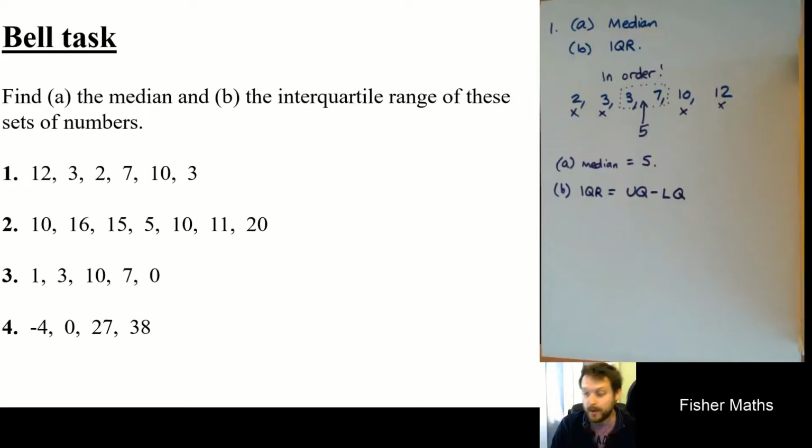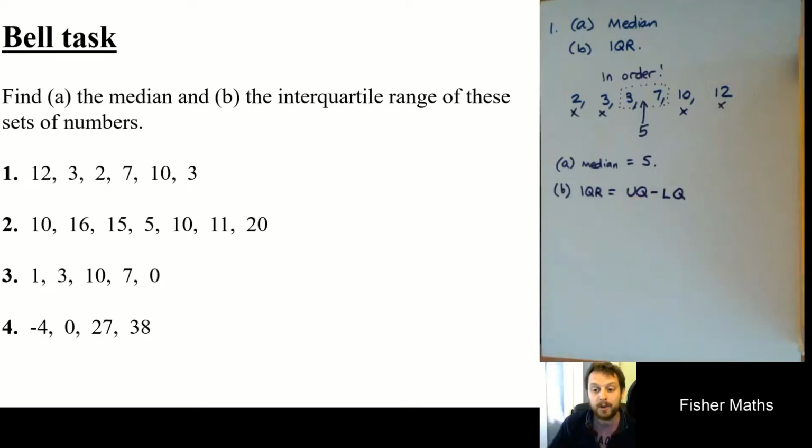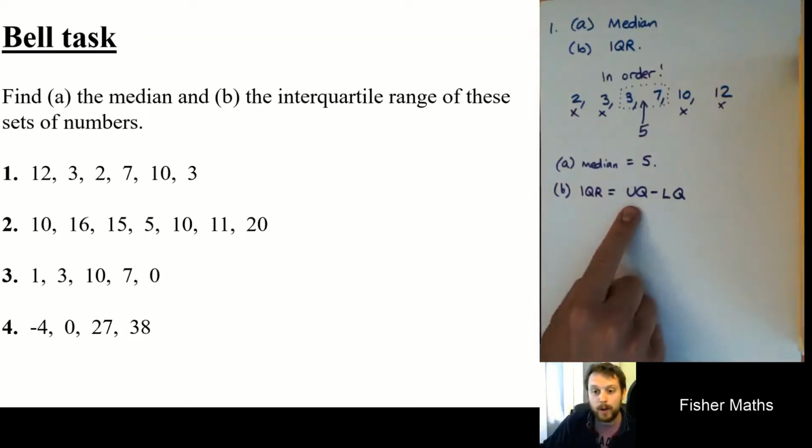So you chop the data in half, you have a top half and a bottom half. You work out the median of the top half in the usual way. That's your upper quartile, the UQ. And you work out the median of the lower half, that's your lower quartile. And then you do the upper take away the lower.